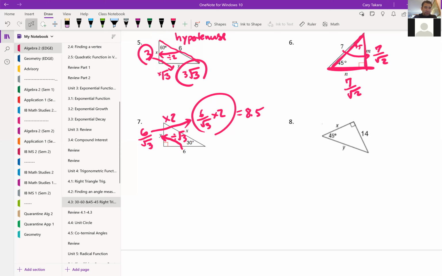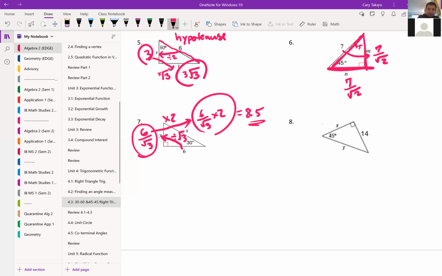Yeah, so did I mess up? So first you figure out the short leg, right? So there's a question how I got 8.5. So 6 divided by square root of 3, which is 3.46.